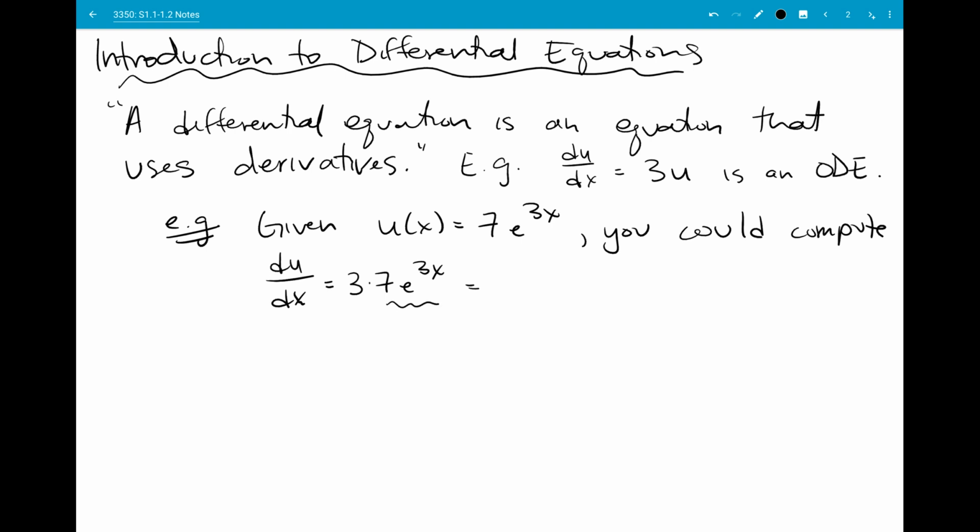But since 7 e to the 3x is what u was, that's actually just 3 times u, if you make that substitution from the definition of what u was.